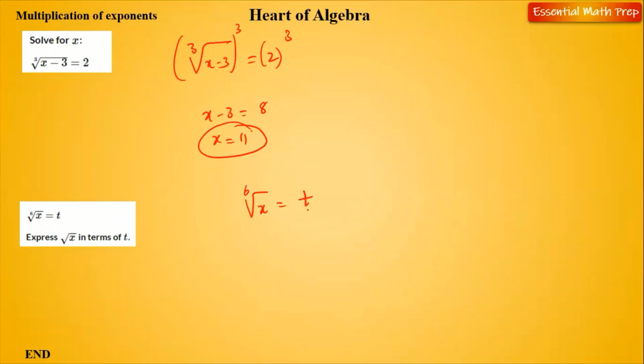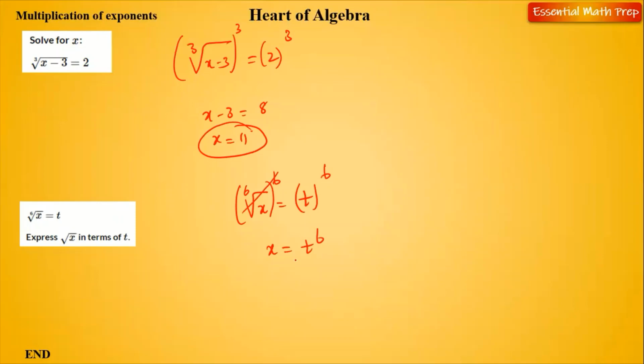Express the square root of x in terms of t. Okay, so what you could do is take the sixth power on both sides. First you have to get rid of the root and come back and add the square root. It's a two-step process. It's like you're making a mistake and then getting rid of the mistake. If you take the sixth power on both sides, it gets rid of the root altogether and gives me a plain x.